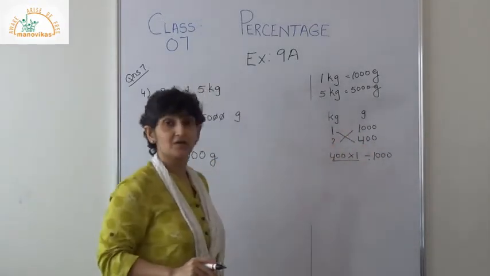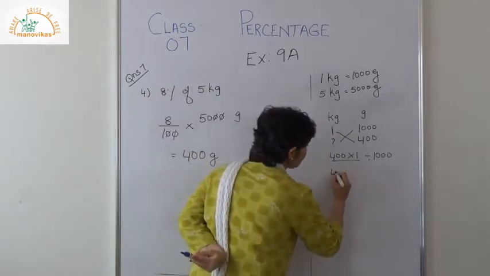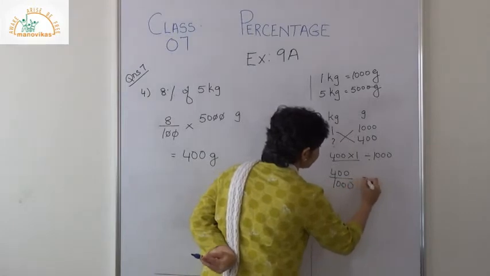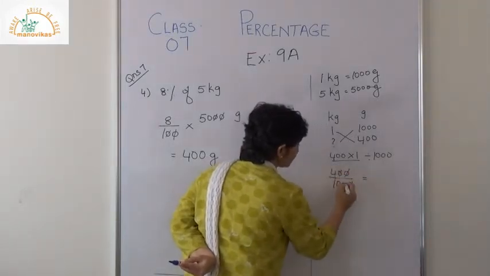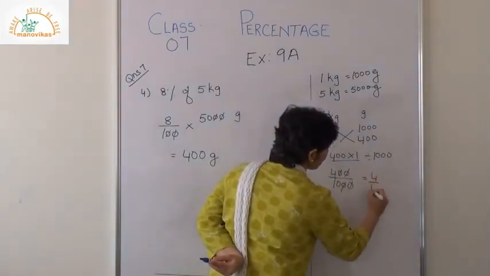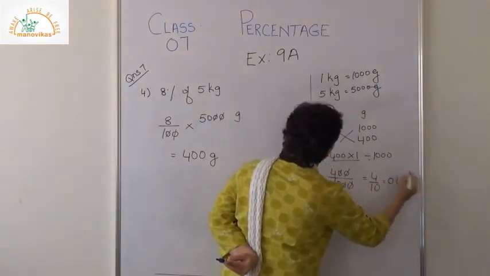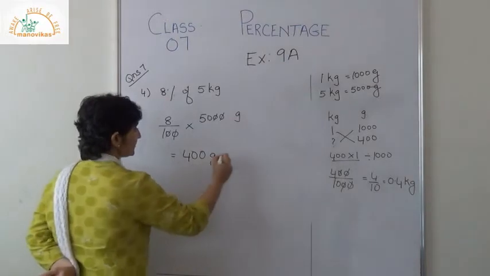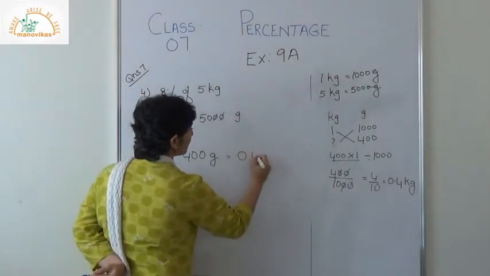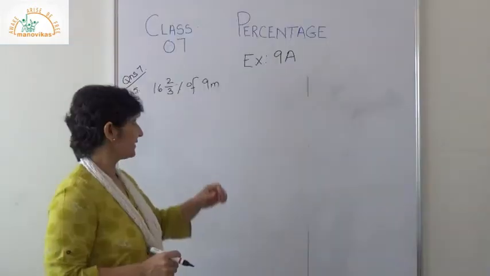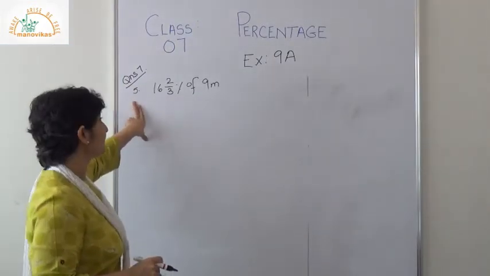Where there is a question mark, you will divide. So that is 400 divided by 1000. This 0 gets cancelled with this, with this. So I get 4 upon 10. So it is 0.4 kgs. So your answer is 0.4 kgs. Clear?